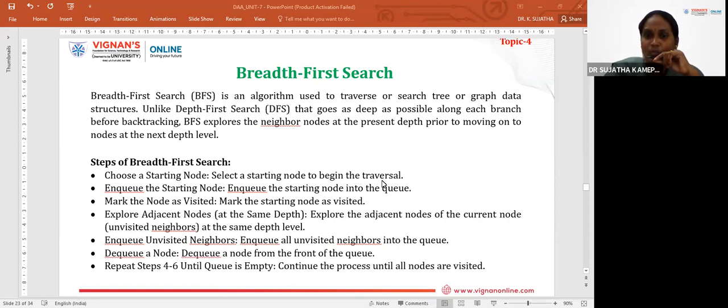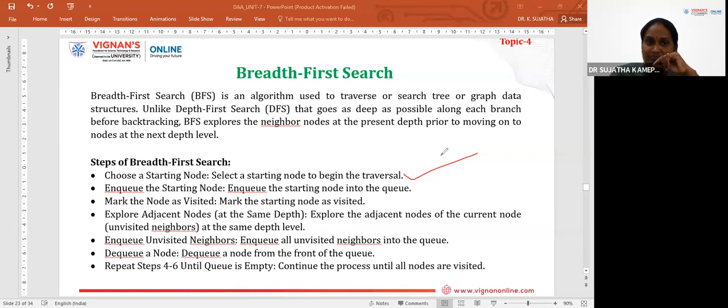Now we need to see the different steps involved in breadth first search. First, we need to select a starting node to begin the traversal or search. Generally, if it is a tree, we will select the root node of the tree. Or if it is a graph, we can select any vertex which is present, any random vertex.